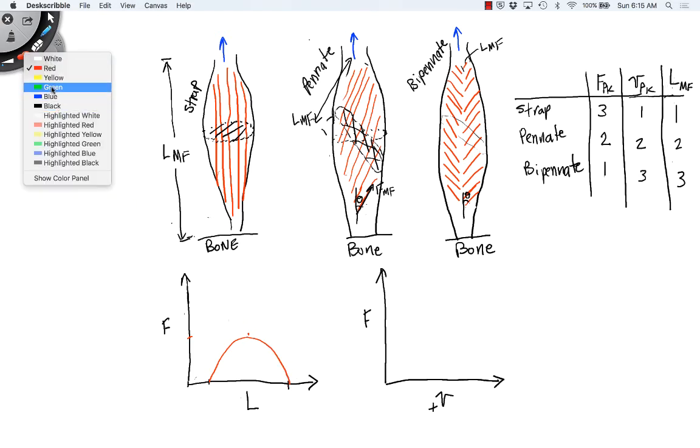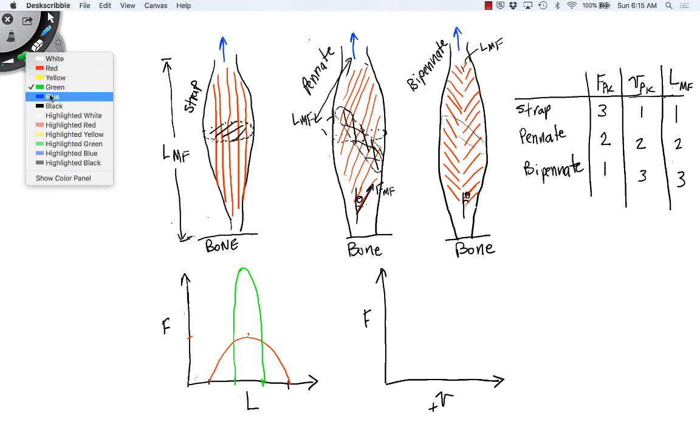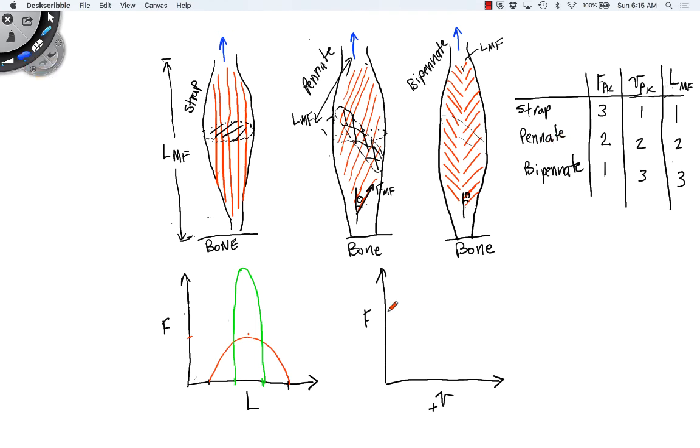Okay, and then let's go right to the bipinnate muscle. It's going to be the shortest operating range, but the highest force. So let's put it really high, but make its overall ability to operate over changes in length really small. So we draw something like this, and then we would put the pennate muscle in between.